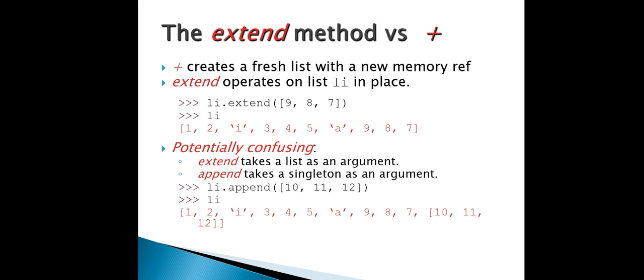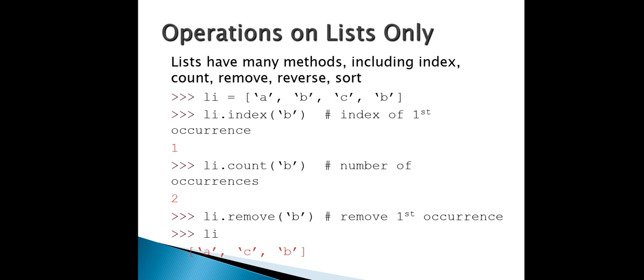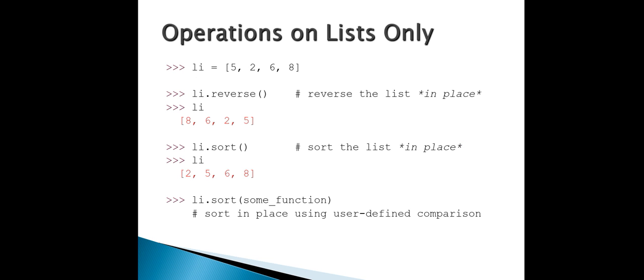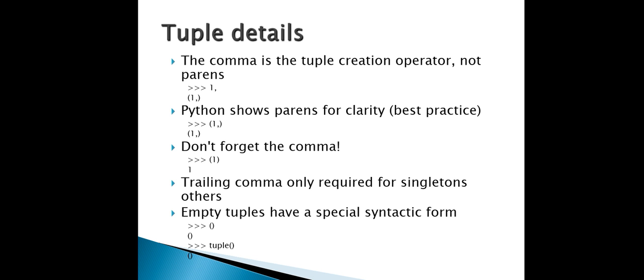The extend method versus the plus operator: the plus operator creates a fresh list with a new memory reference, while extend operates on the list in place. Lists have many methods including index, count, remove, reverse, sort and something like that.